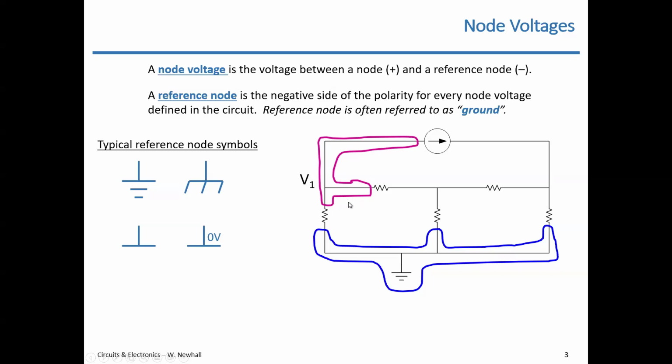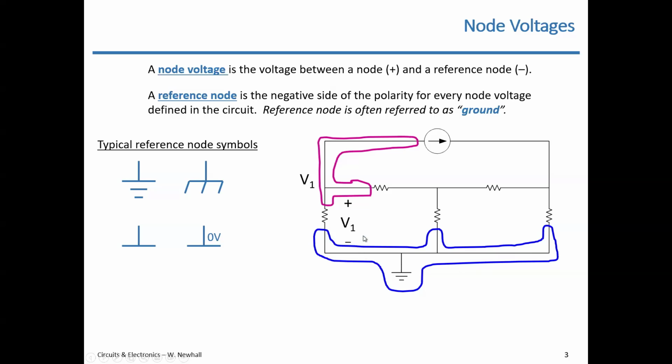I have not shown that here. With a node voltage, the polarity is implied when you have a ground node, a reference node defined, right? The reference node is the negative side of the polarity. So this is the negative side down here. The node voltage is where the positive sign goes for the reference polarity. So V1 is the voltage, if I were to draw it out, between this upper left node and the bottom node. Okay.